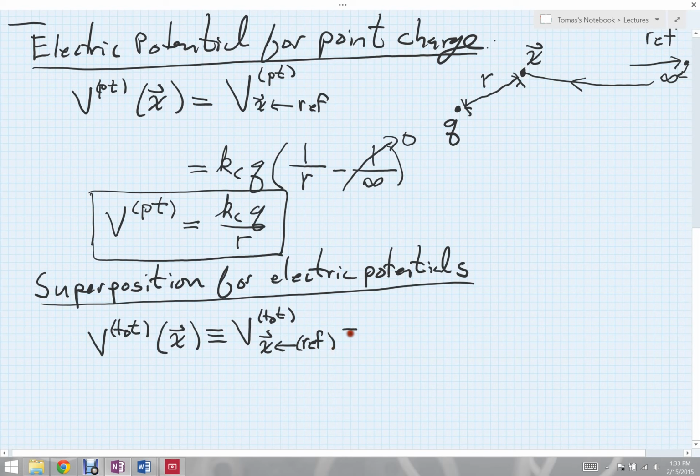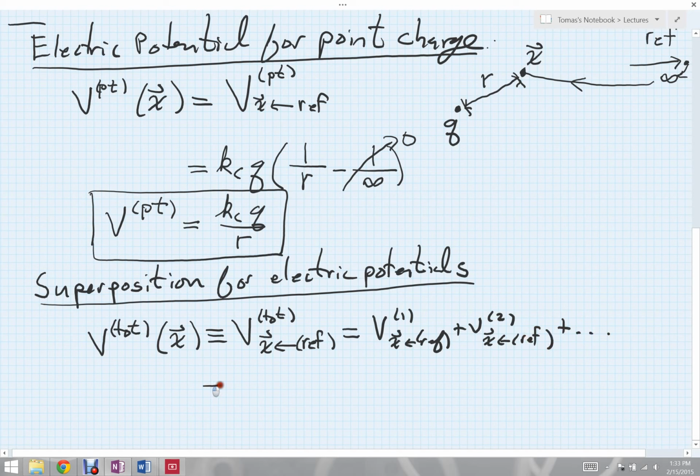But that total potential we had previously shown can be written as the sum of potentials from different components of the charge distribution. So that would be the voltage V1, going from the reference point to x, plus V2, going to x from my reference point, etc.